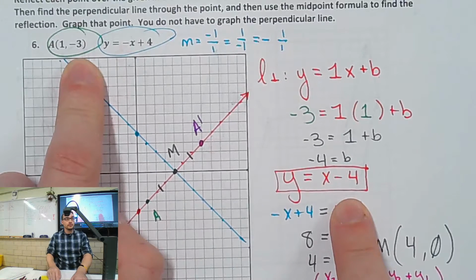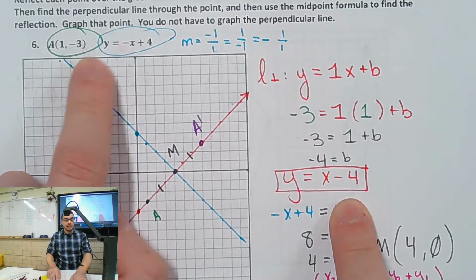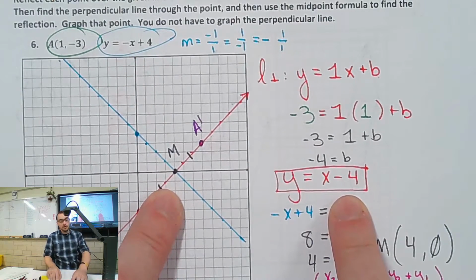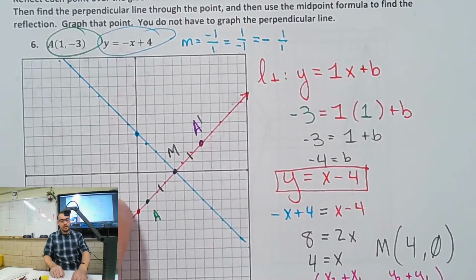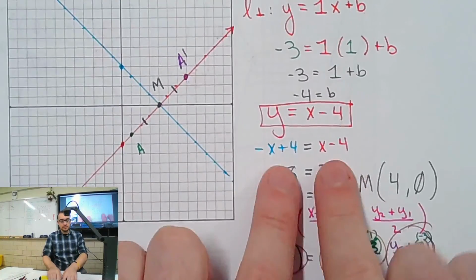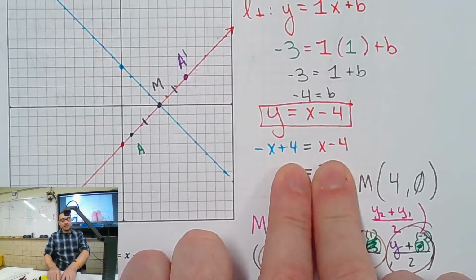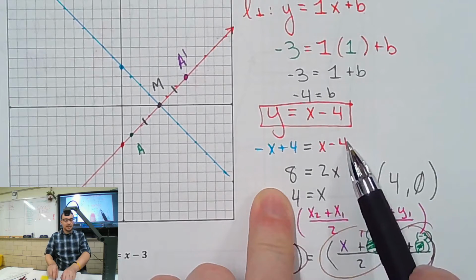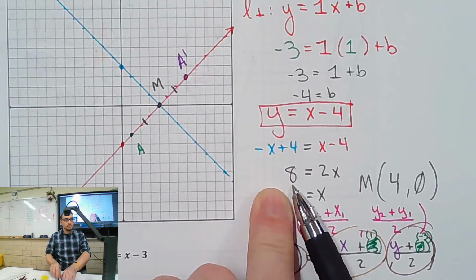I know these two equations, where they equal each other, is going to be where they intersect. And I need to know that so I can flip it over that point, right? So I set them equal to each other and find out where they intersect. I'm going to add that negative x to this and get 2x. I'm going to add that negative 4 to this and get 8.